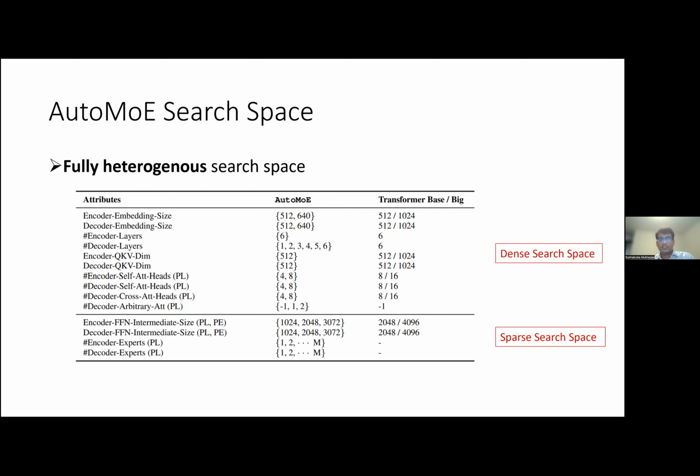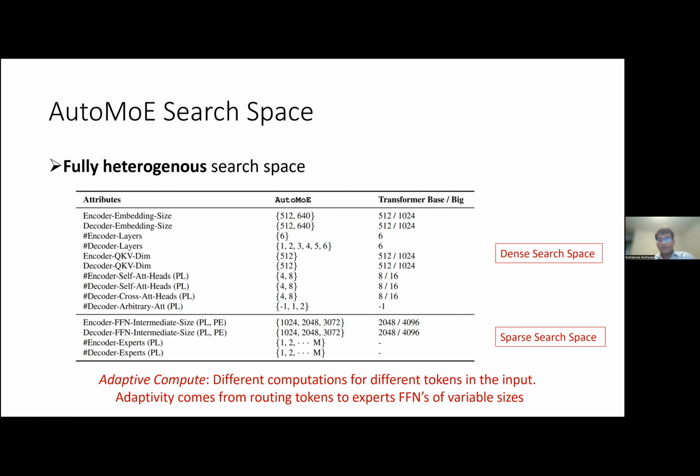This is the sparse search space that we are overlaying over the dense search space. As we are deciding which layers to put them in, these layers are also of variable dimensions given by the QKV, and we could also have a variable number of layers. For example, instead of 6 decoder layers, we could have 4 decoder layers. So the dense search space and the sparse search space are really interacting with each other.